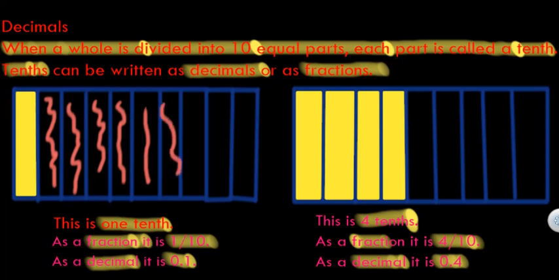All of these parts right there that are colored in pink are shaded. So we say that as a fraction, it is 7/10. While as a decimal, it's 0.7.